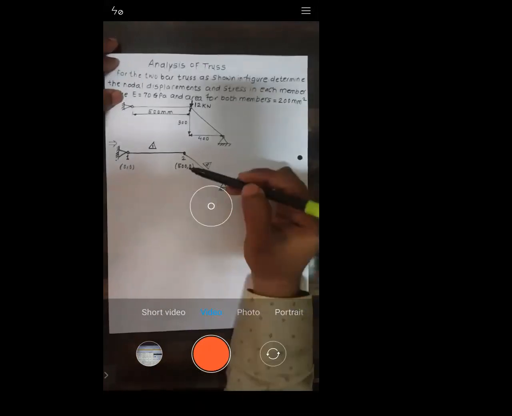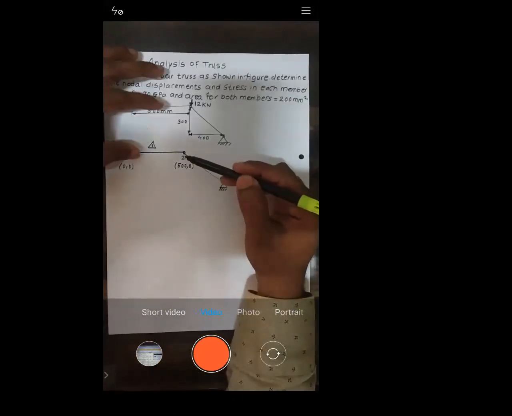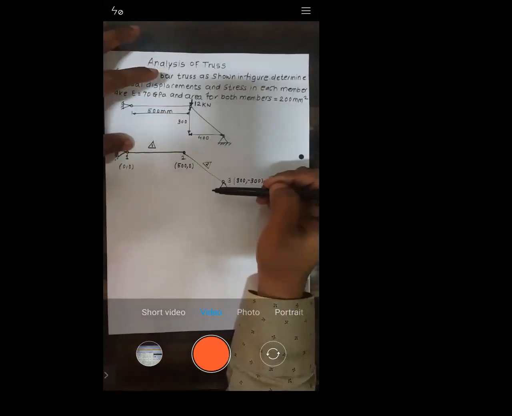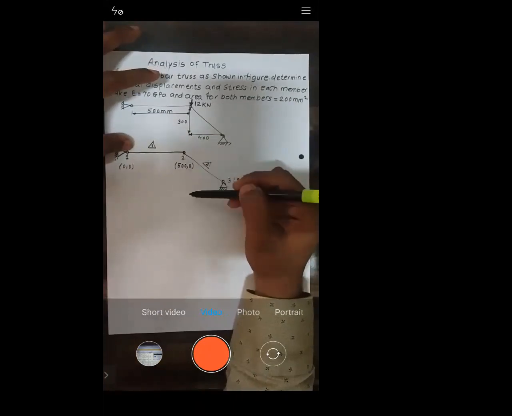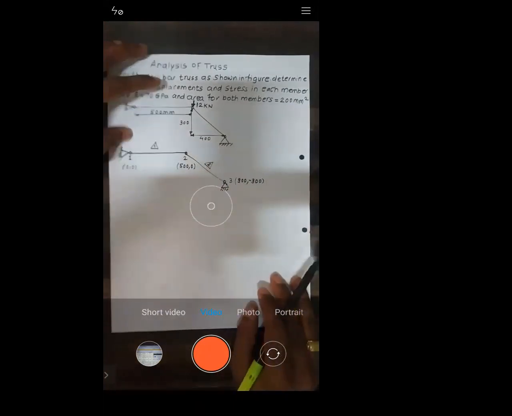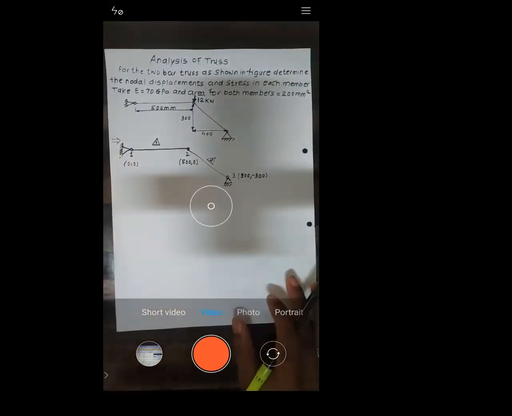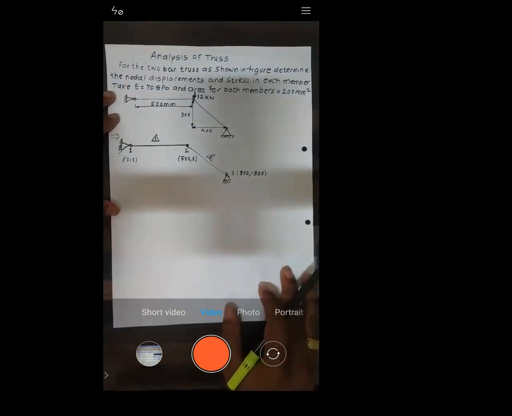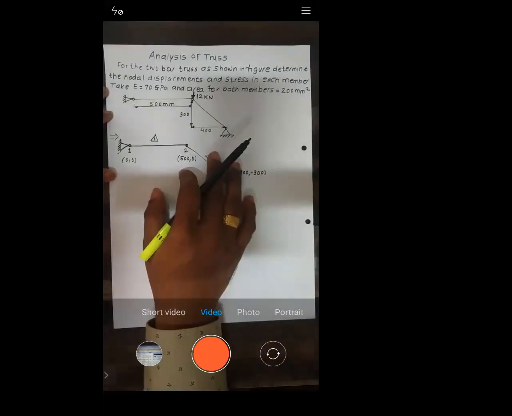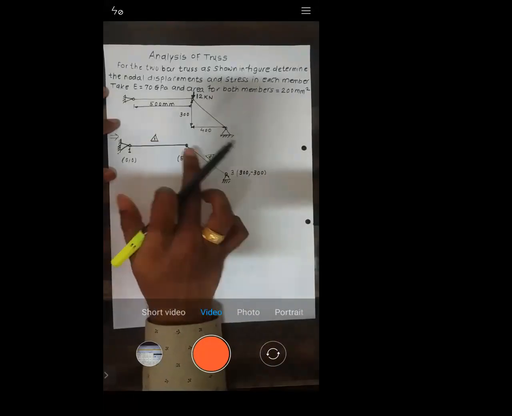The vertical distance between node 1 and node 3 is 300, but it is in the downward direction, so I need to assign it as minus 300. Is it okay with this one?